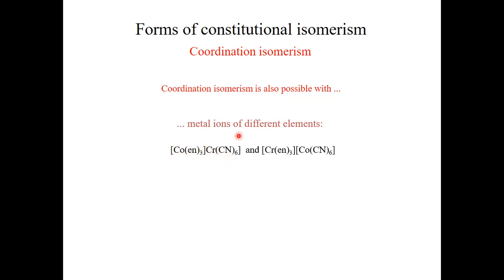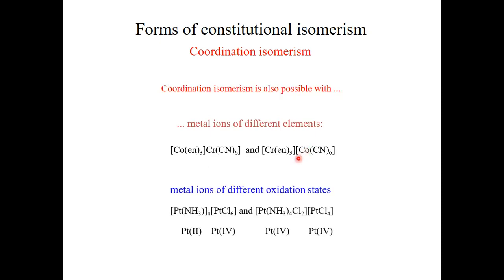So in this coordination isomer, 3 ethylenediamine ligands are bonded to the cobalt, and 6 cyano ligands are bonded to the chromium. And we have a coordination isomer in which it's the other way around. So in this case, the 3 ethylenediamine ligands are bonded to the chromium, and the cyano ligands are all bonded to the cobalt.